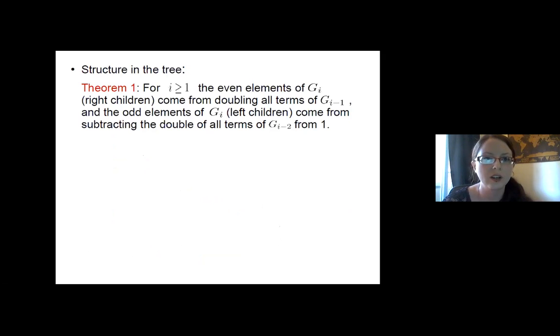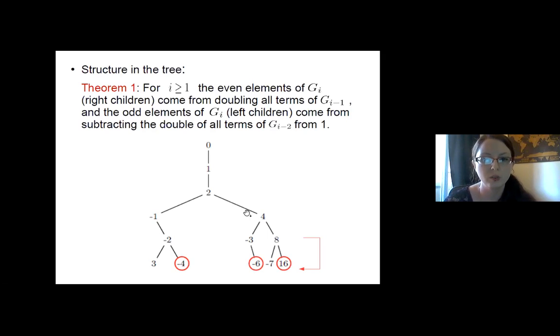So to start, a couple of straightforward results is that for even elements of any generation G_I, and we said that those are the right children, they come from doubling all the terms of the previous generation, which is pretty obvious. And just to understand the structure, we also have that all of the odd elements of any given row, which are highlighted here, 3 and -7, they come from 2 generations back if we double and then do 1 minus.